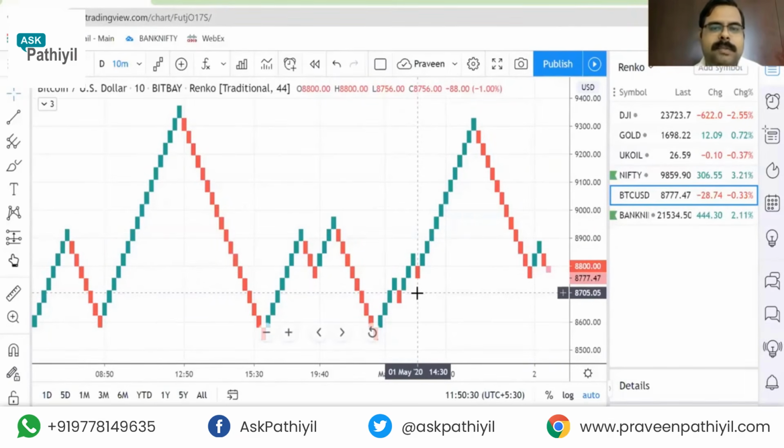The logic is very simple: you need to keep calculating again and again to do this backtesting. That is the reason it took me approximately 3.5 years to do the live testing, then come in front of you to explain what really is happening with this definition of the brick size.